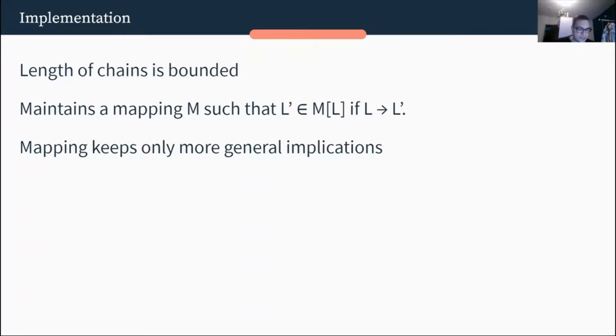So this means that, for example, if I already have in my data structure that P of X implies Q of X, then I will not insert that P of A implies Q of A, and vice versa. If in my data structure I have that P of A implies Q of A, and later on I derive that P of X implies Q of X, the one that is already in the data structure is going to be subsumed by the one that I insert.